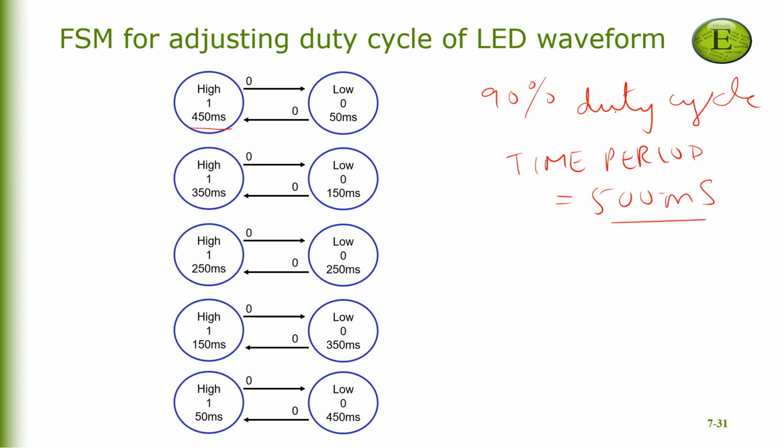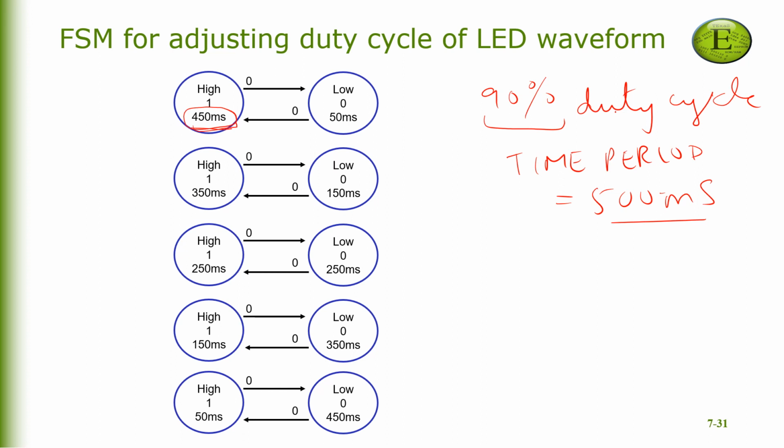That is 2 cycles per second frequency. So the time period is 500 milliseconds. Then if the LED has been turned on and it stays in a 90% duty cycle state, then the LED will remain on for 450 milliseconds.